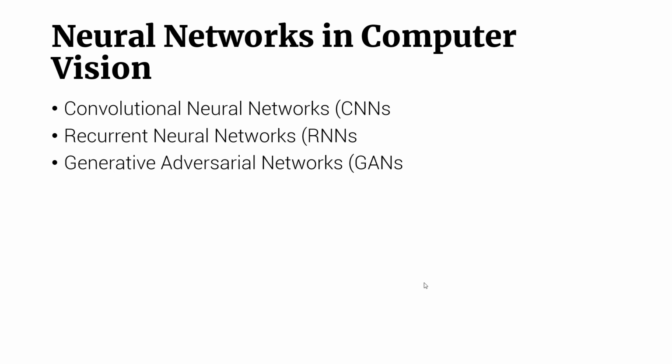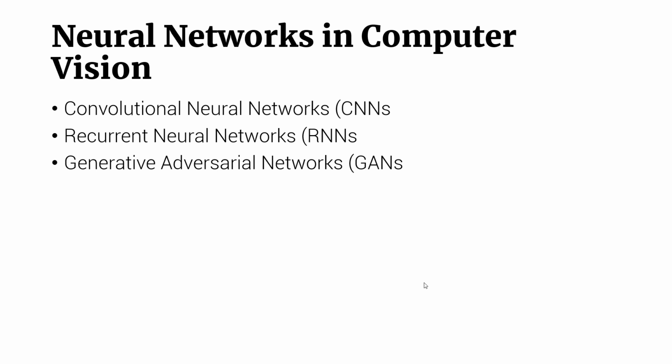The last one is generative adversarial networks. It is comprising a generator and a discriminator network. These are used for generating realistic images and data by learning from a training dataset.